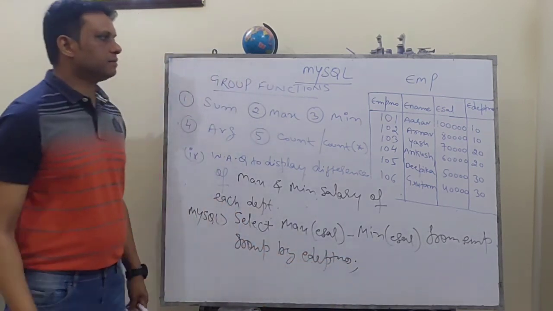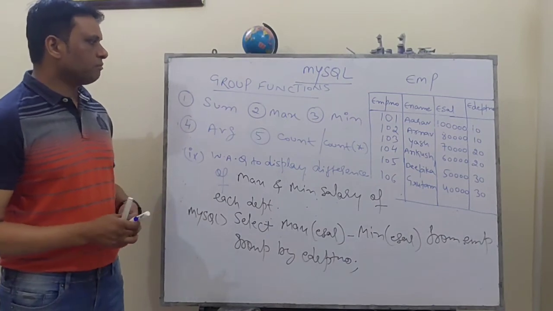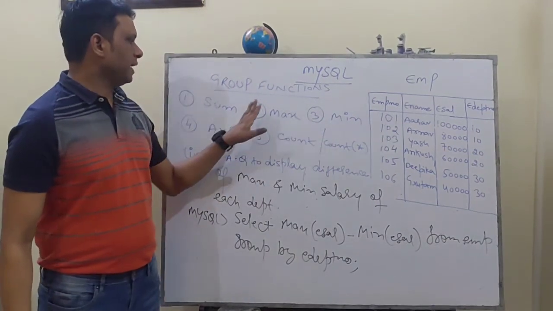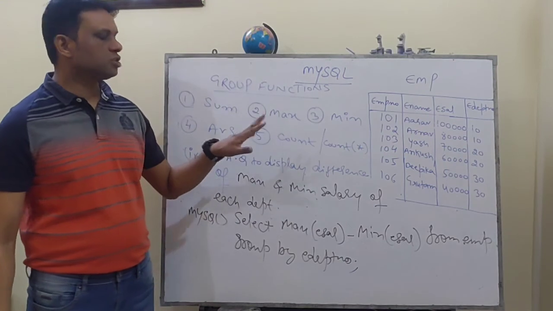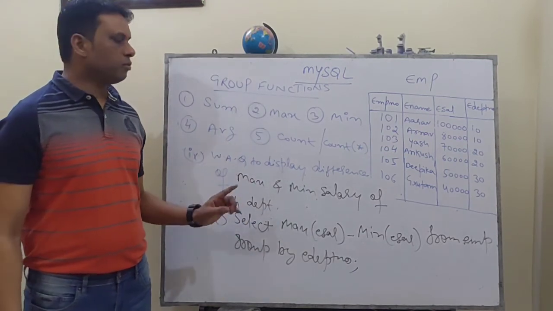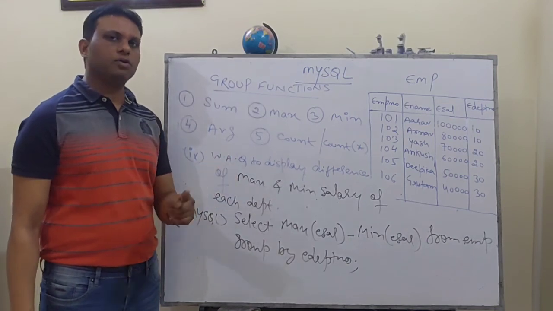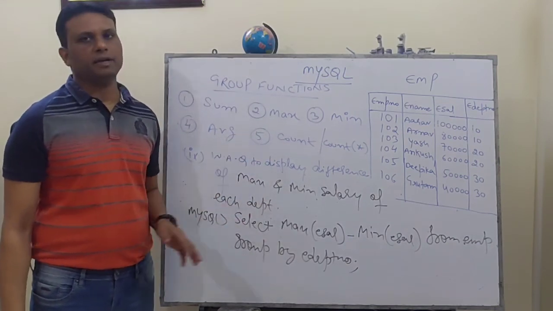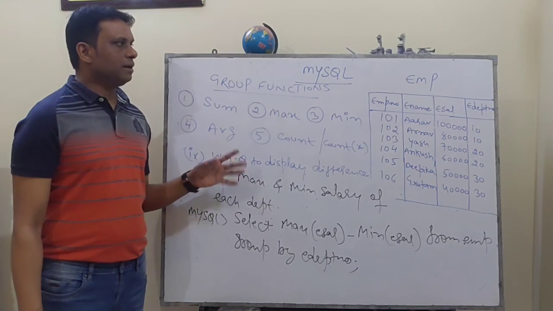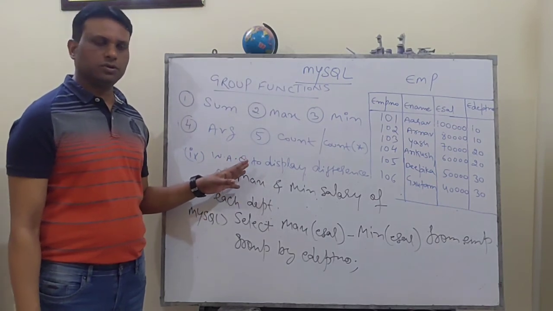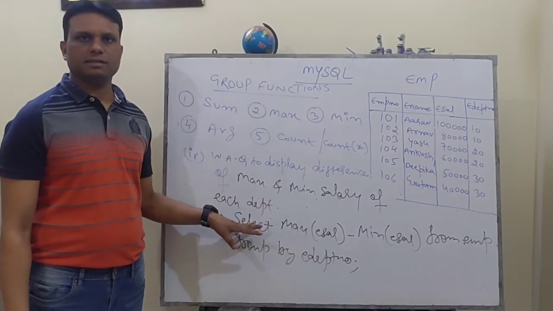It's very easy. So how many group functions are there? There are 5 group functions: max, min, sum, average, count. And you have to remember that always in the conditional part, if you find any group function, we have to use having. So I'm going to send you an assignment of group functions. So please revise. Thank you.